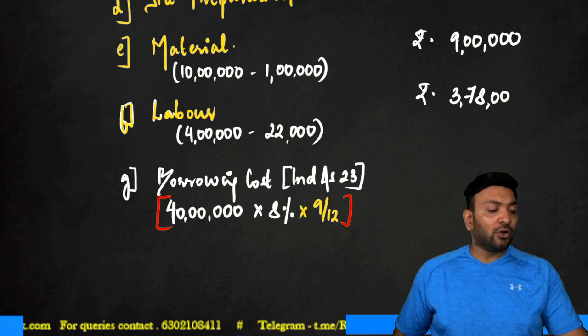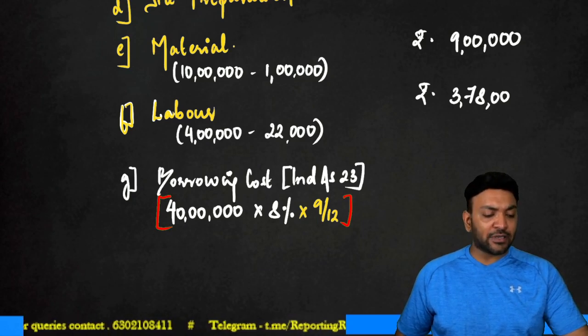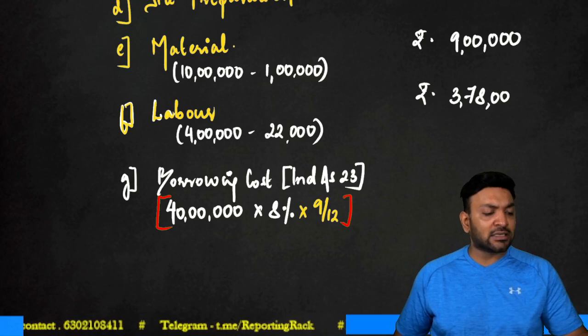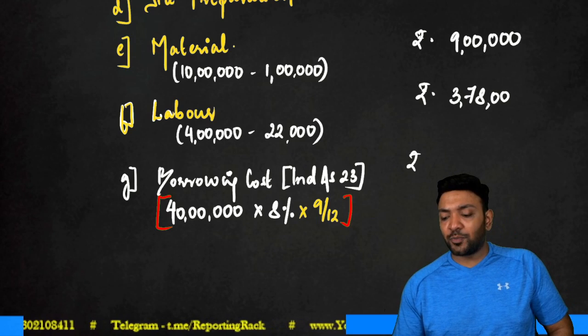Calculate. I've taken a loan of 40 lakhs. I'm taking it at 8%. I'm only eligible to be capitalizing it for 9 months. So therefore, the amount eligible to be capitalized is rupees 2 lakh 40.